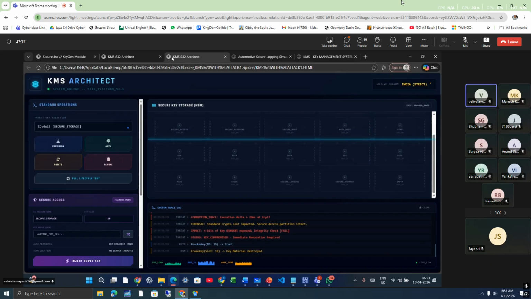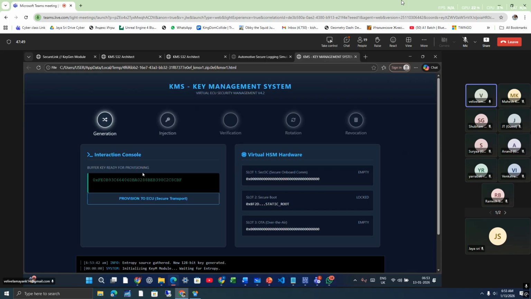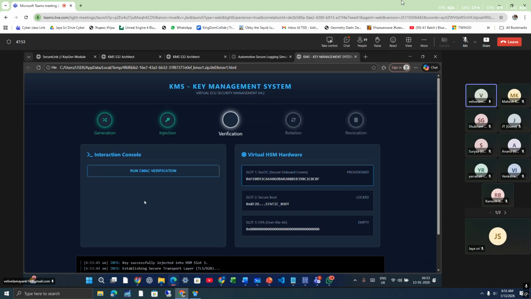The generation and injection is mostly owned by your plant people only. That means just provision to the ECU and inject. Verification also you need to do. That's it, your verification is mandatory. Rotation and revocation is a different topic.